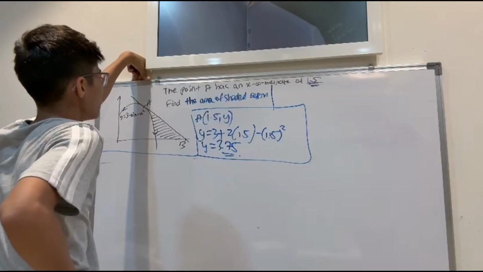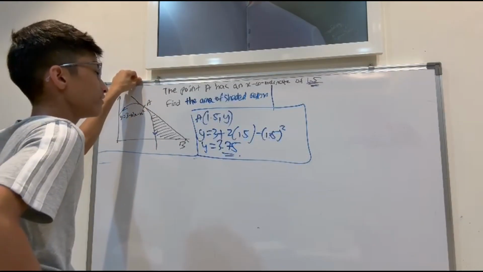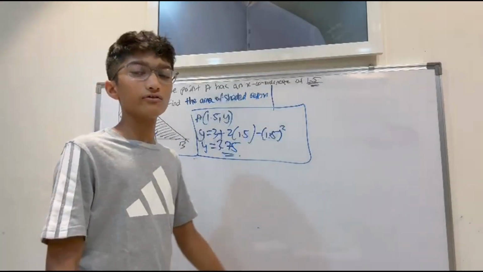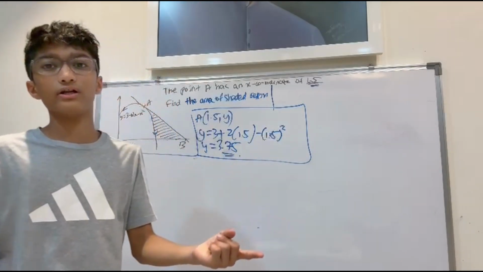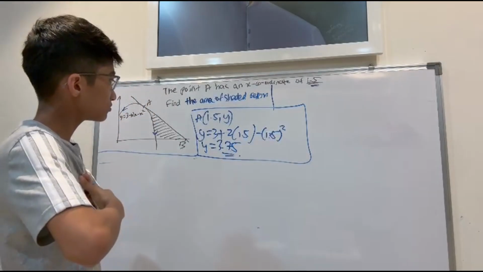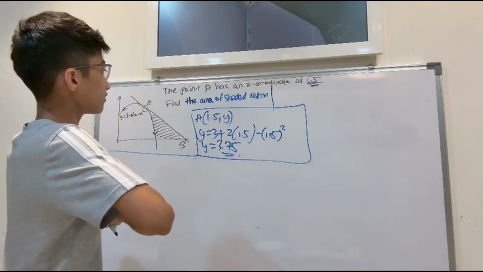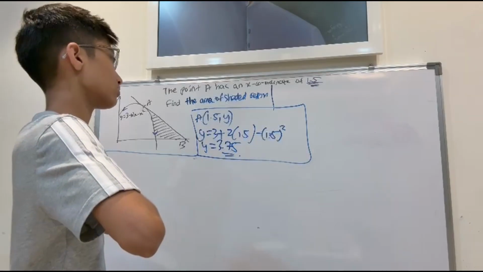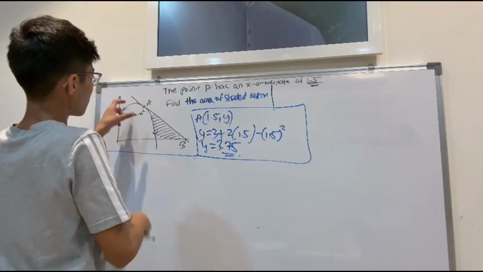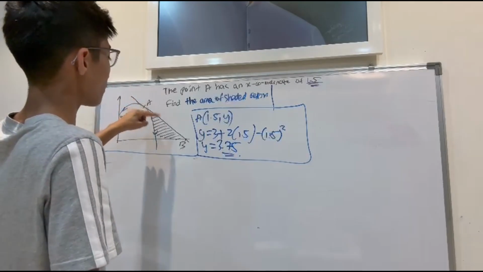To find the area under this curve, we need the equation of the line AB. How can we find the equation of line AB with just one coordinate? Okay. To find the equation of the line with just one coordinate, there would be a common gradient for the curve and the line.